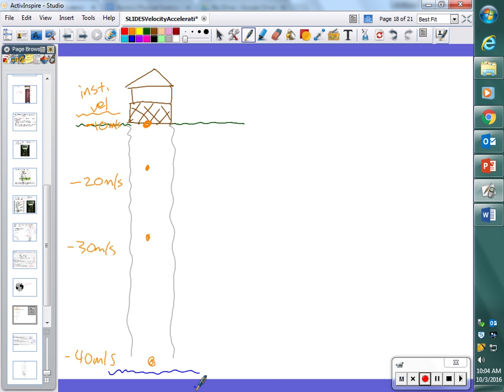Okay? So, question is, how deep is that well? Whenever we're figuring out how deep the well is, we're going to use that relationship. Talk to the person next to you. Figure out how deep this well is. Go.